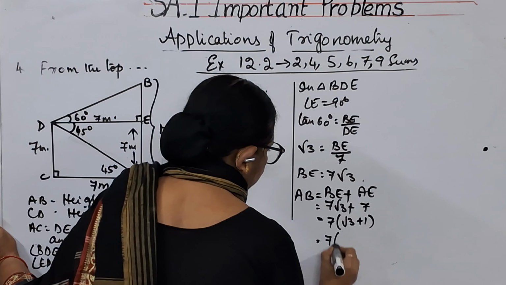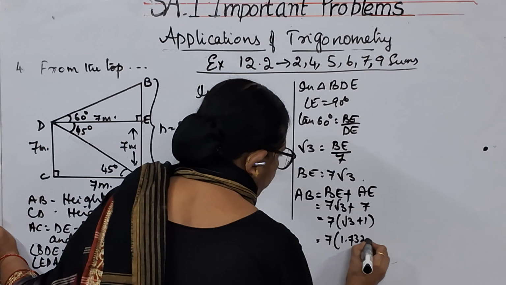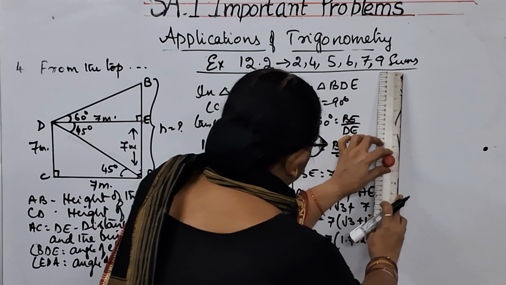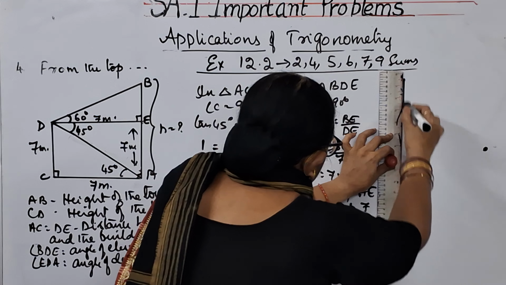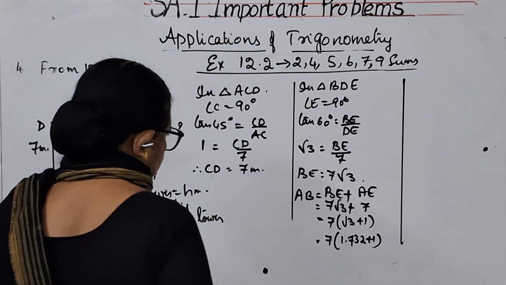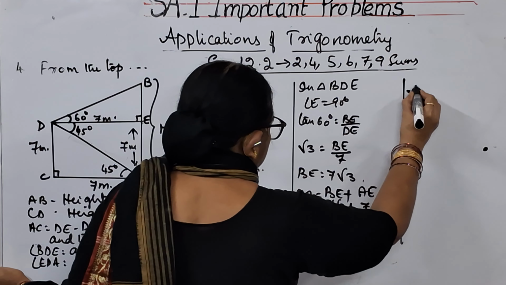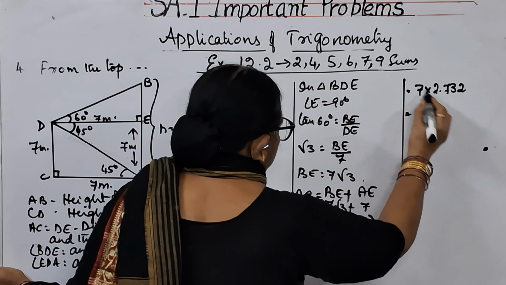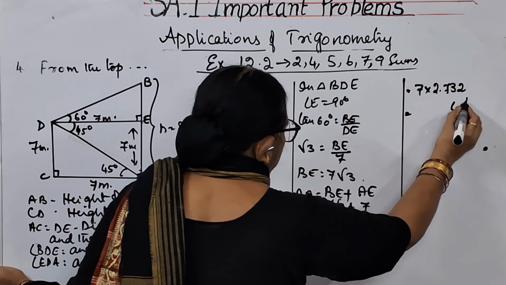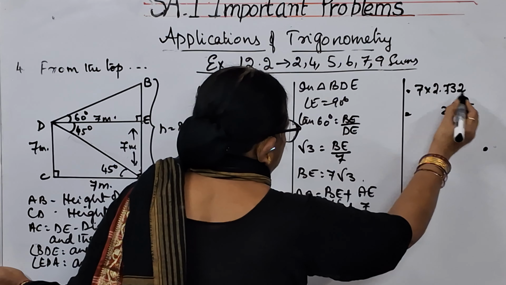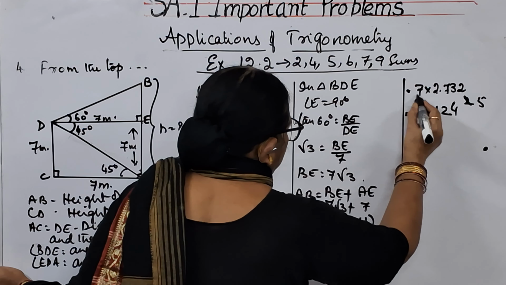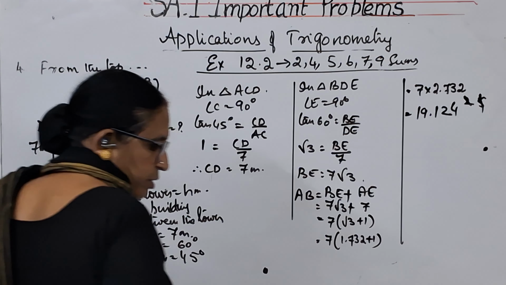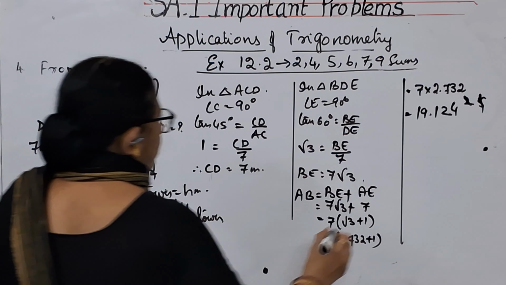That is equal to 7 into 1.732 plus 1. So, 7 into 2.732. 7 2s are 14, 21, 22, 49, 50, 51. 7 2s are 14 plus 5, 19. 19.124 meters.